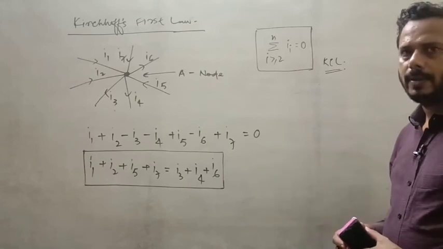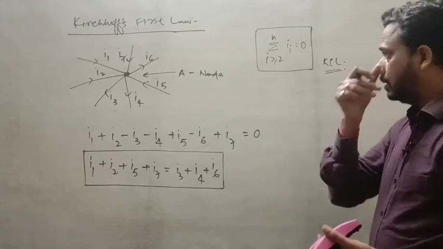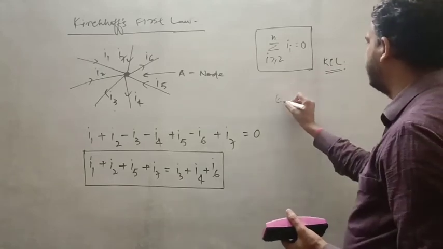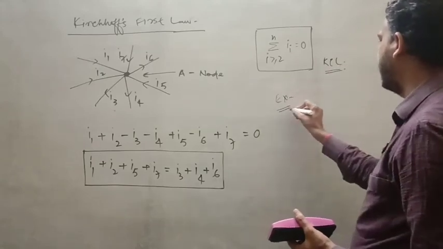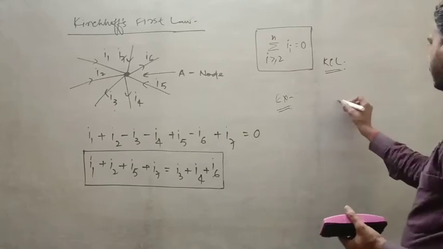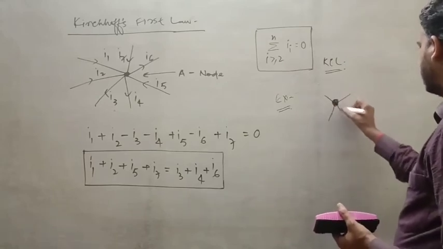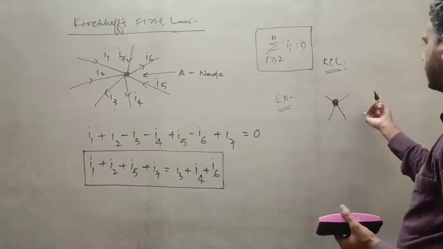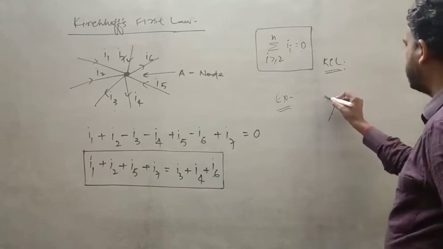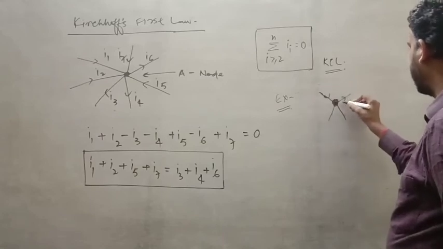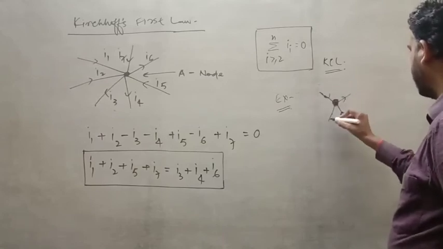Now to understand this, you can simply take an example. Suppose a question is that here we have taken 4 branches of a conductor. Suppose this one is going inside, this one is outside, inside and outside.